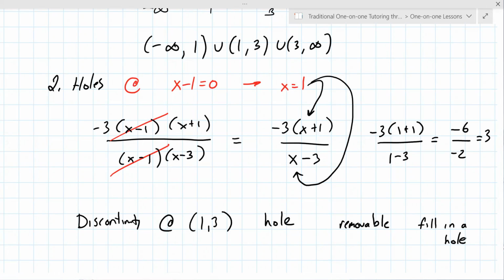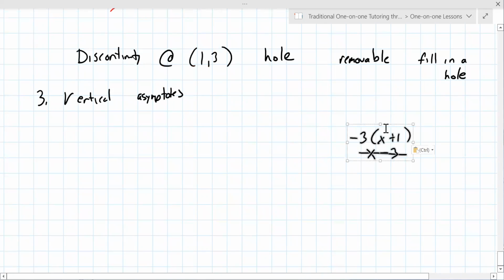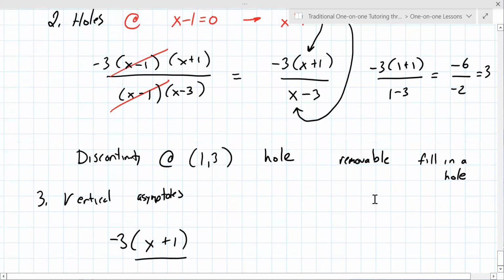But there is a second type of discontinuity that you might find. That's number 3 here. Those are vertical asymptotes. And that's where you look at the reduced form of the function, -3 times X plus 1 over X minus 3.